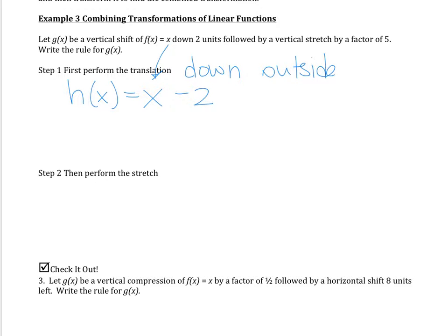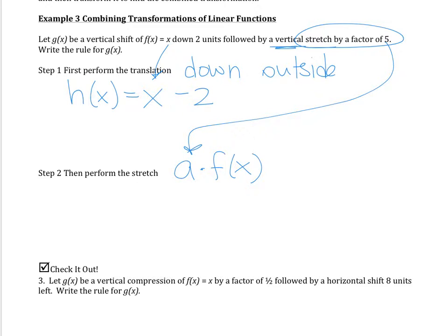A stretch by the factor of 5. A stretch, vertically, is a multiplier of the whole function outside the function. So my 5 is the a, and I'm multiplying the whole function by that.